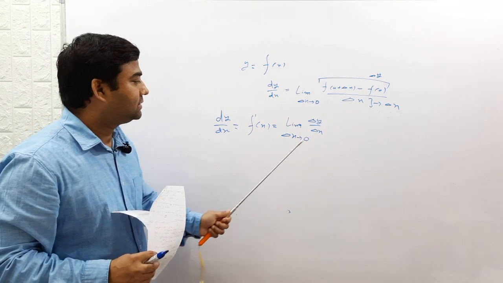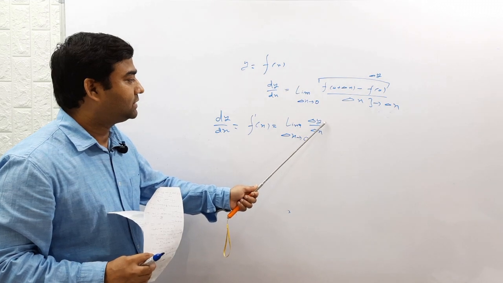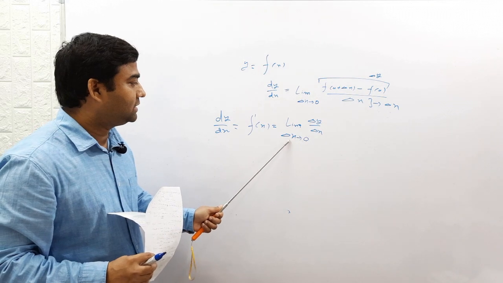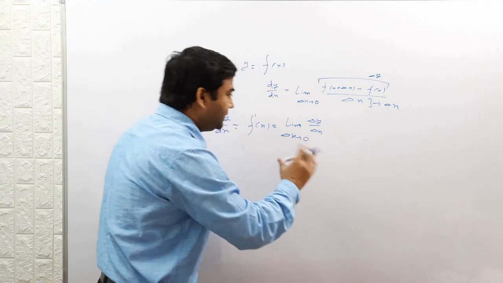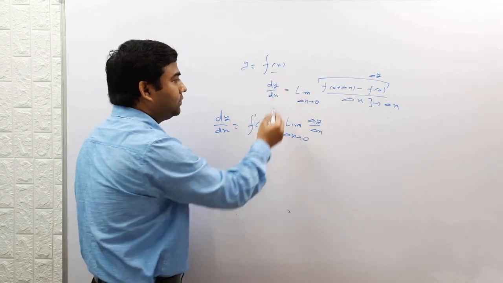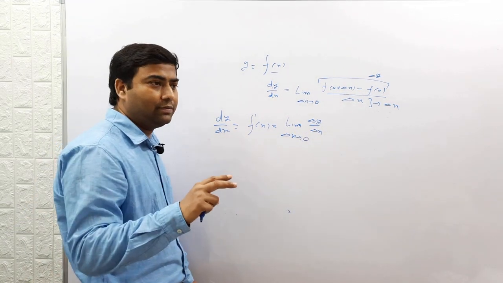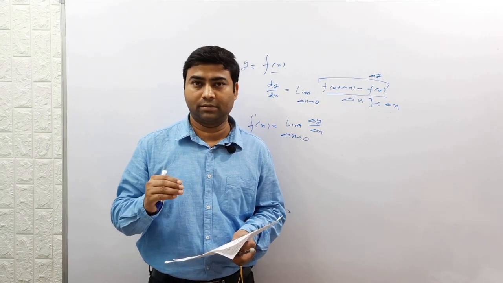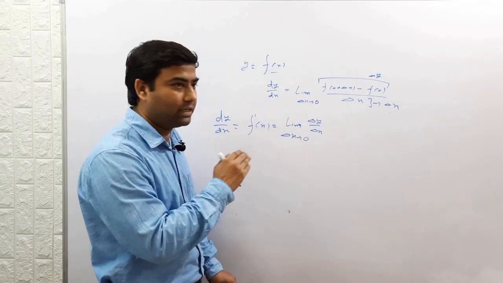This is defined as the ratio of changes in the function and changes in the independent variable when this increment is tending to 0. So this is an instantaneous ratio of changes. This derivative is nothing but the ratio of infinitely small changes.